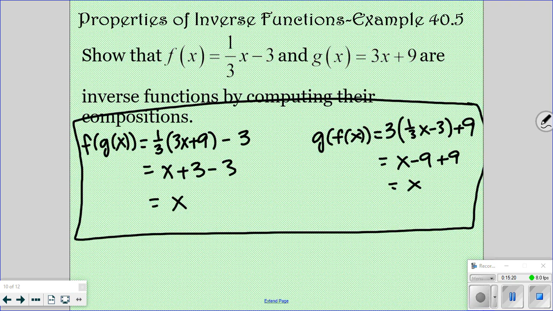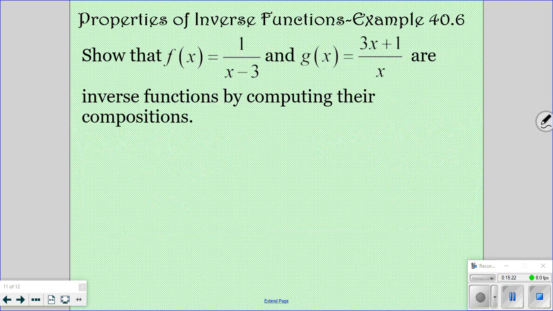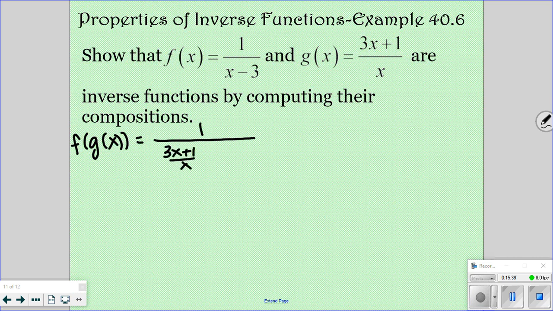Okay, so we're going to try one more example. We want to show that these are inverse functions. So again, we're going to do the composition, and we want to simplify, and we should get x. So if we plug g into our f function, we're going to have 1 over, our x is going to become 3x plus 1 over x, and then minus 3. And then from there, we're just going to have to simplify it.